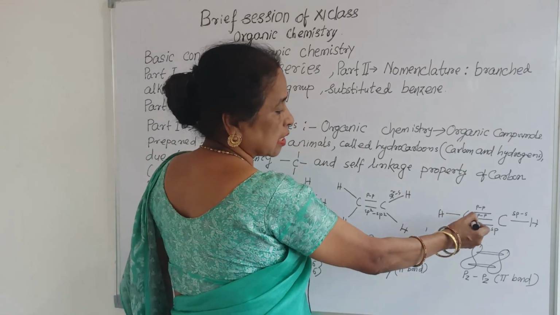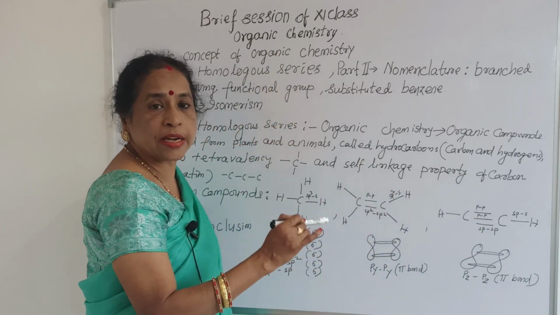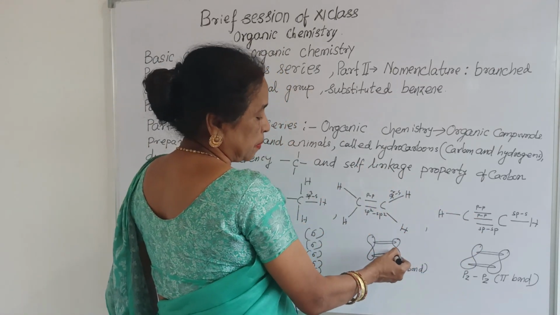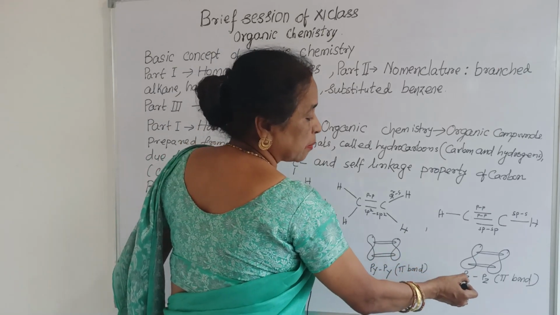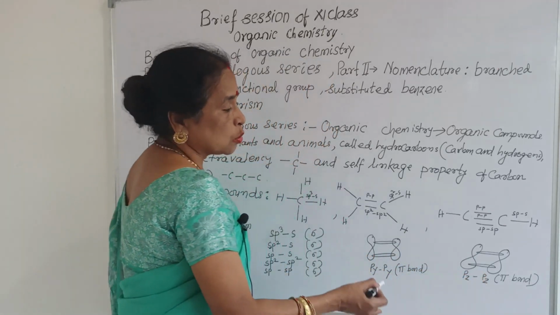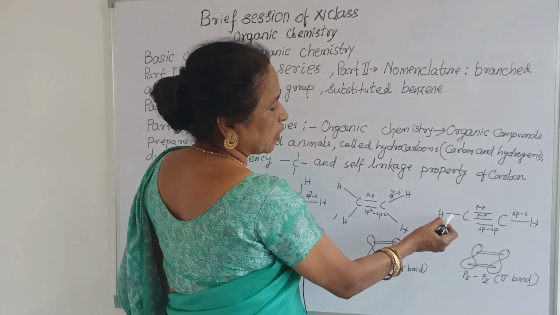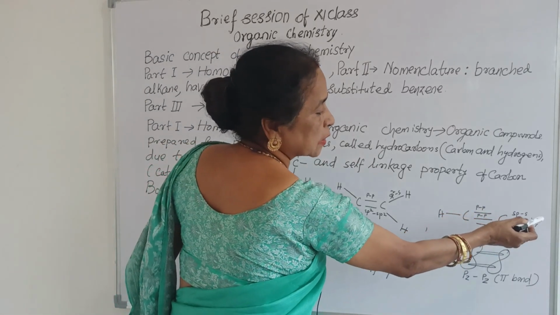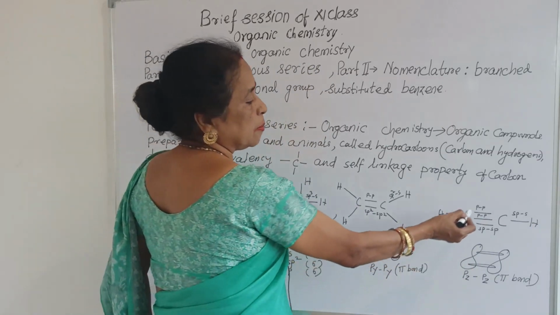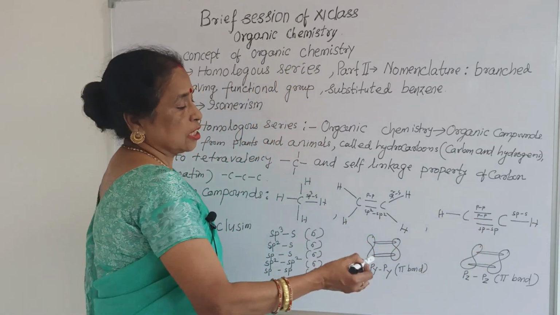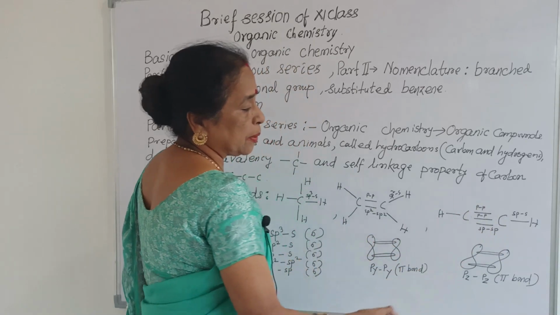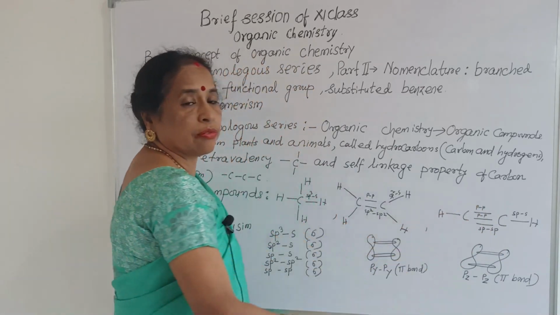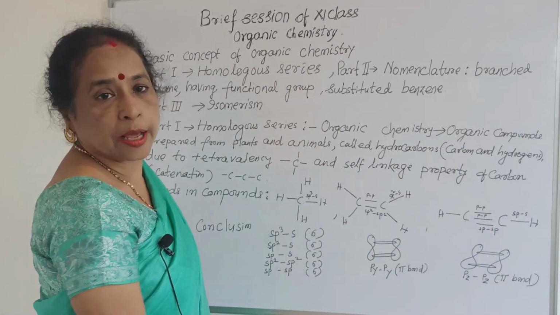These 2 pi bonds are formed by lateral or sidewise overlapping of py and pz. So here you can say these two bonds are sigma, formed by sp-s overlapping, and in the middle one is sigma, formed by sp-sp overlapping, and now these two are formed by lateral overlapping.